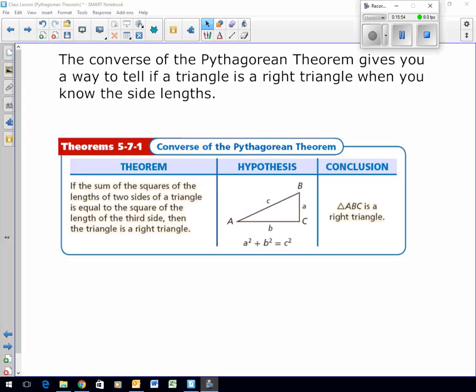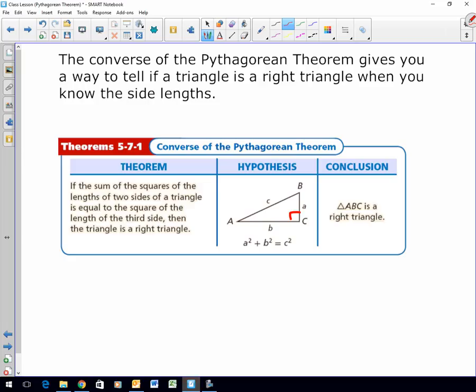Here's what this means: if I know the values for A, B, and C, and if A squared plus B squared equals C squared, then I know that I've got a right triangle, okay?